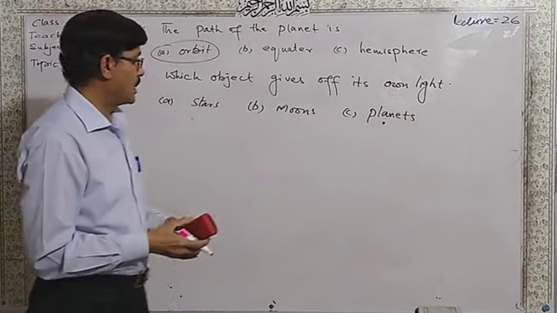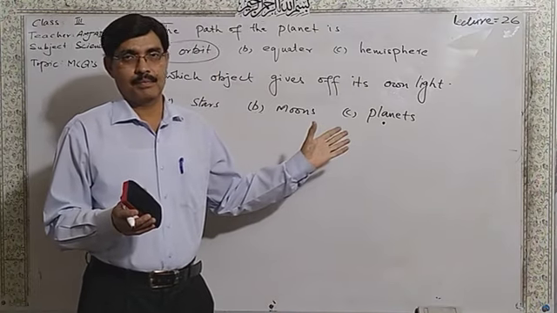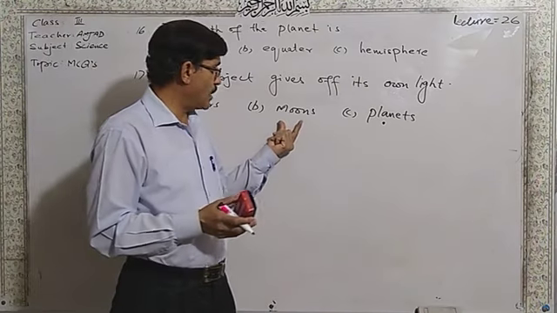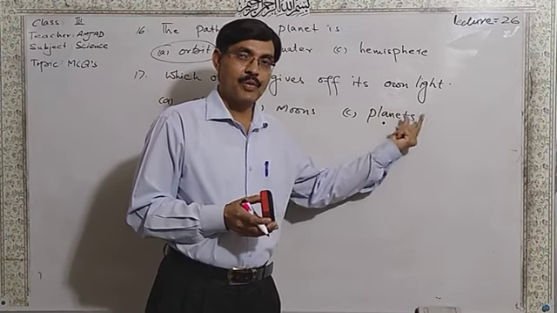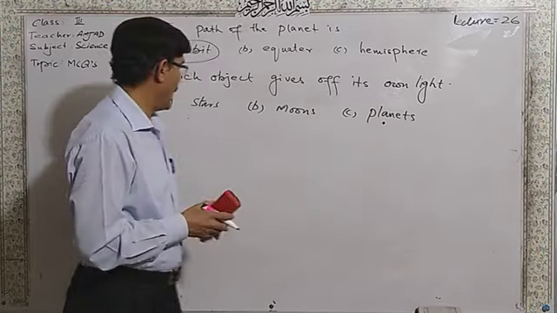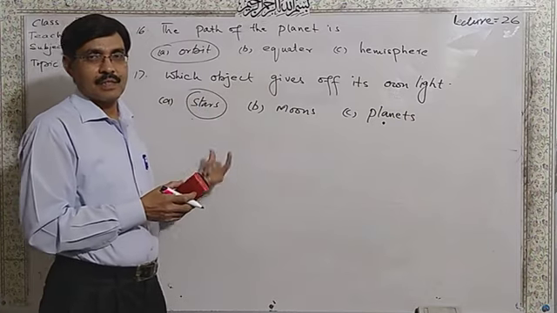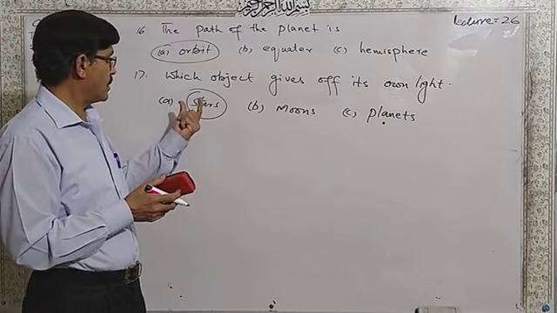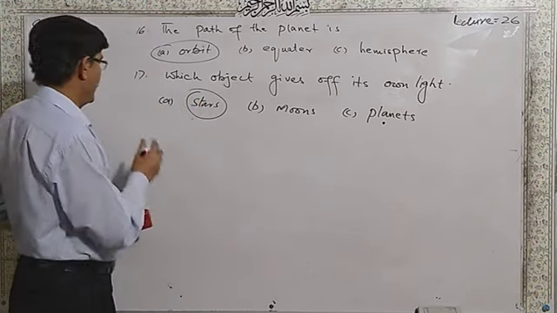We have read that planets have no light, and moons revolve around the orbit of the planet. And stars, the sun is a star. That's why we say this object gives off its own light.